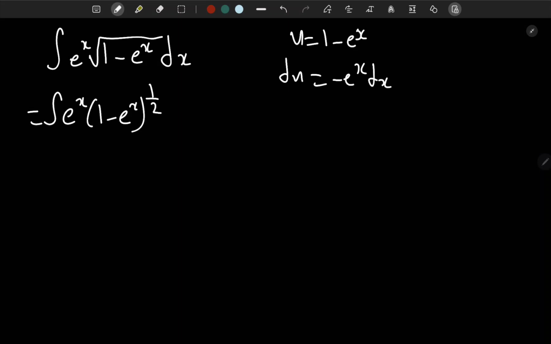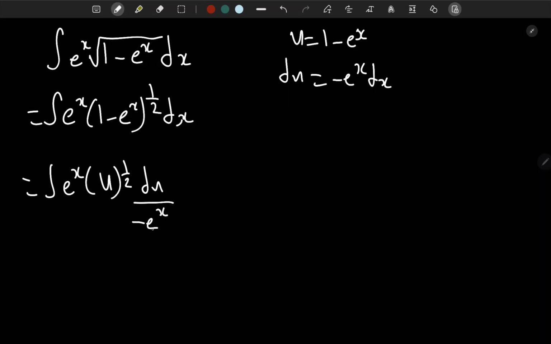Again we can replace this part as u, and I forgot to write dx here. So our final thing will be e to the power of x, and then open brackets u to the power of half, and dx is going to be du over negative e to the power of x. Now this can cancel out with this, so we are left with a negative. Don't forget about that.